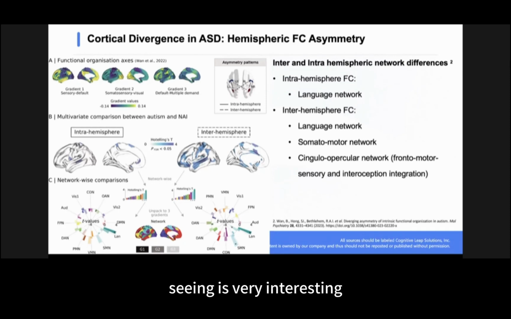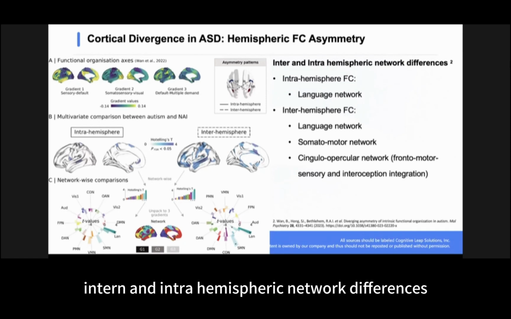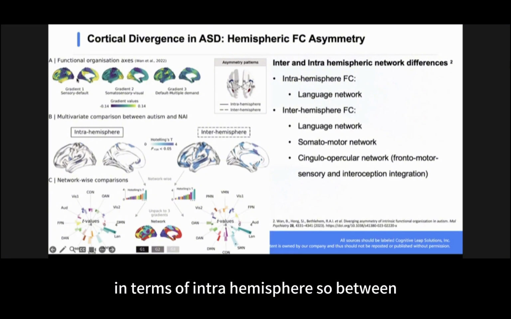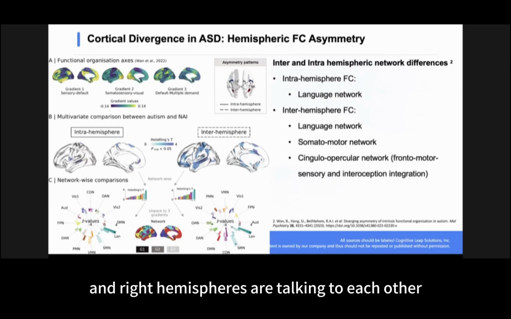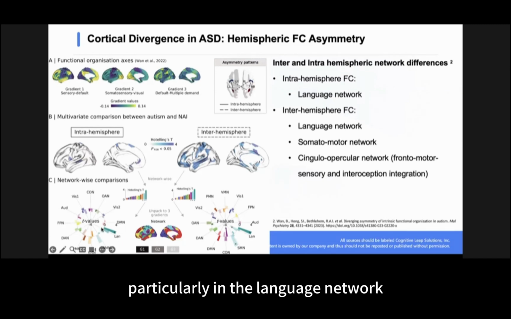And what we're seeing is very interesting inter and intra-hemispheric network differences. In terms of inter-hemisphere, so between hemispheres, we see differences in the way that the left and right hemispheres are talking to each other, particularly in the language network. But when we look at how the brain is talking within each hemisphere, we see even more differences between autistic individuals and typical development.